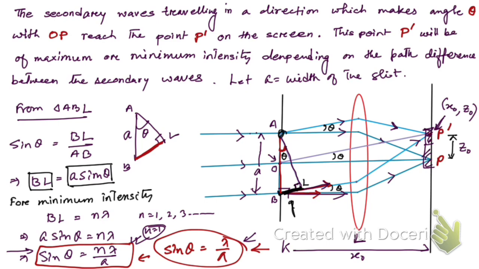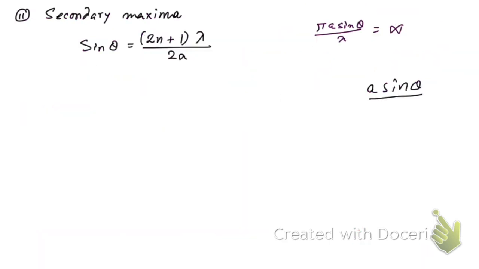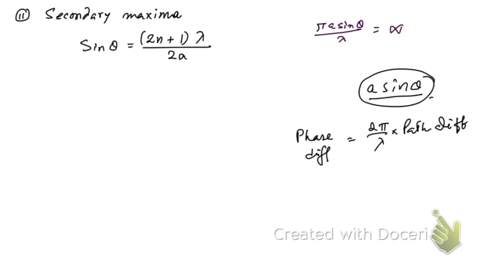Now let me go to the last slide again. We know that the phase difference is equal to 2 pi by lambda into path difference, right? We know this. Now here you see, this is the path difference. Let's put it here.